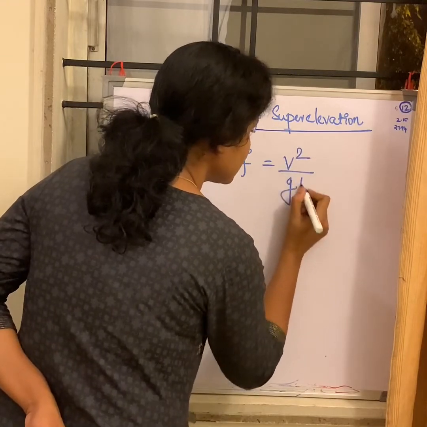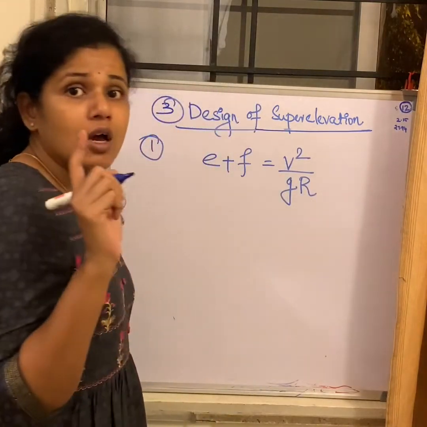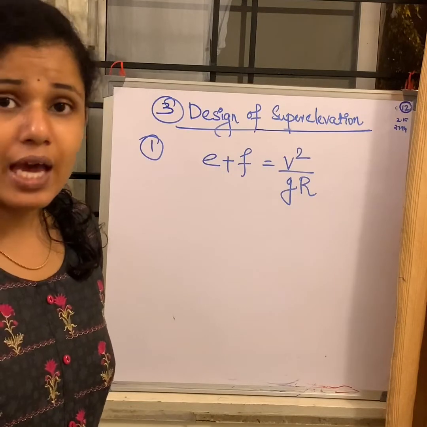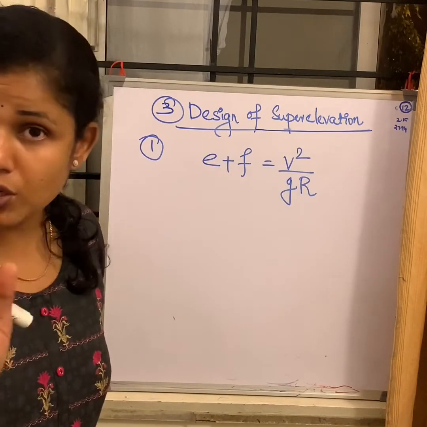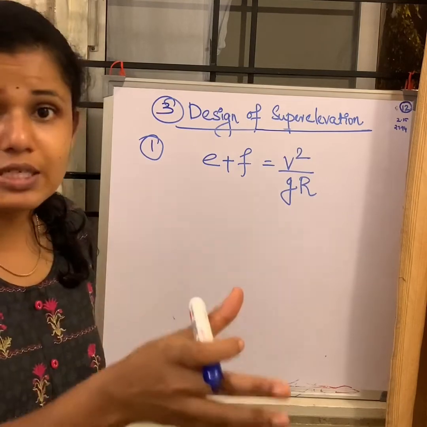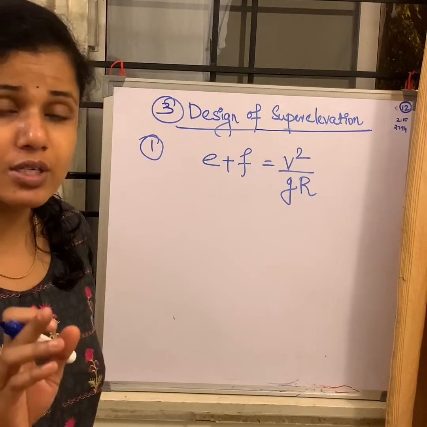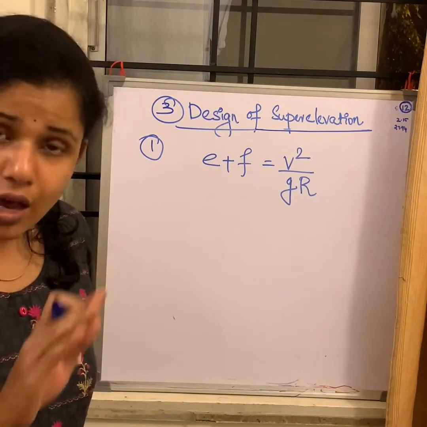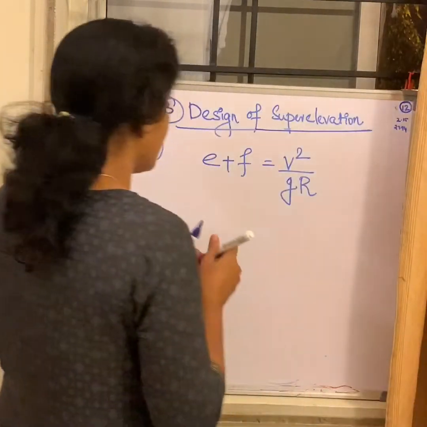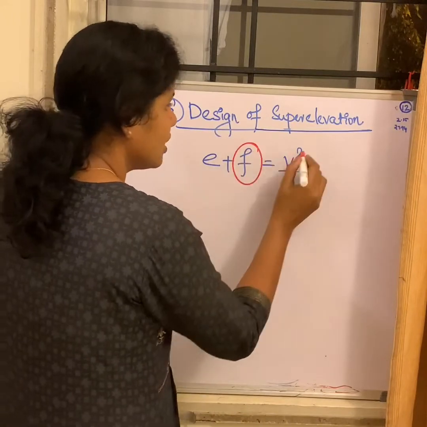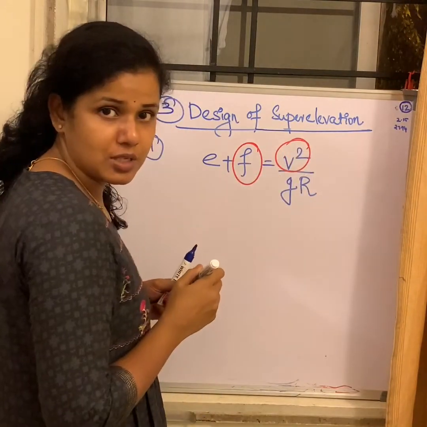And what is the design super elevation? We said neglect your friction and consider V as 75% of the design speed, not the full design speed. Whatever design speed is recommended, that is not the value we consider, but 75% of it, avoiding friction. That means F is going to be 0 and V is considered as 75%.